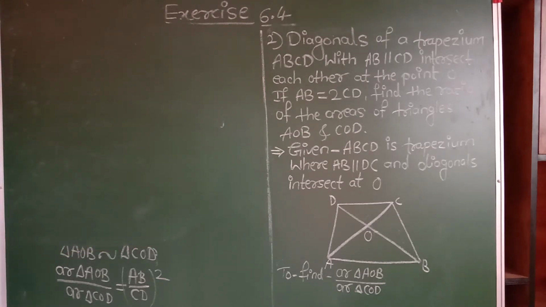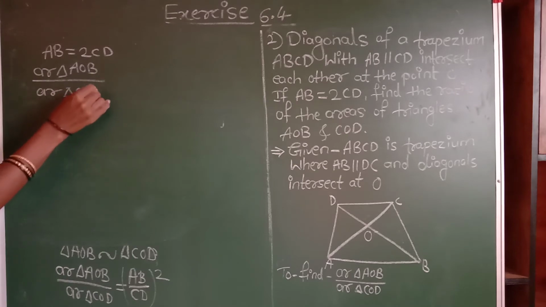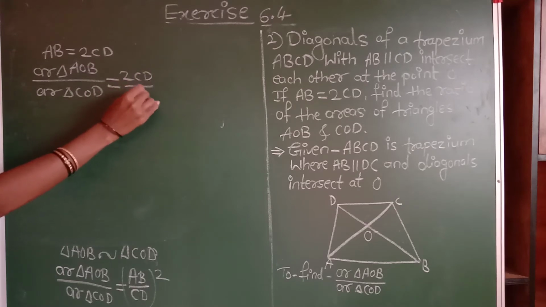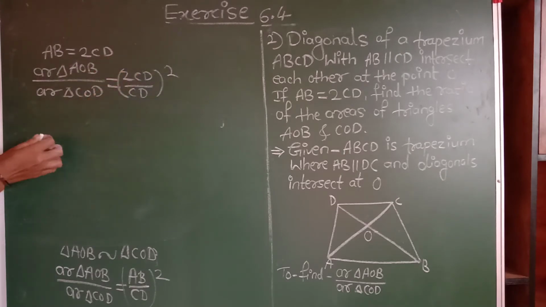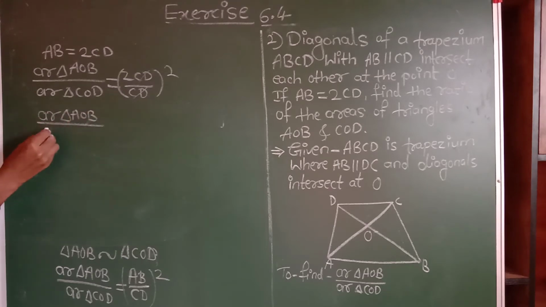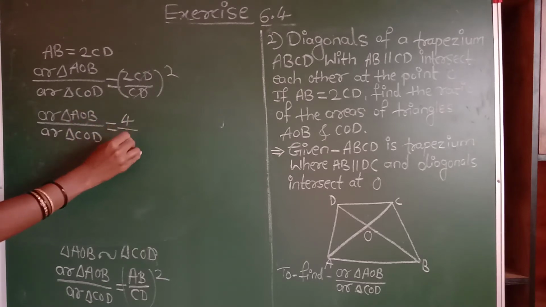But given is AB is equal to 2CD. Putting this, 2CD by CD whole square. Next, the CD gets cancelled. Area of triangle AOB divided by area of triangle COD is equal to 4 by 1.